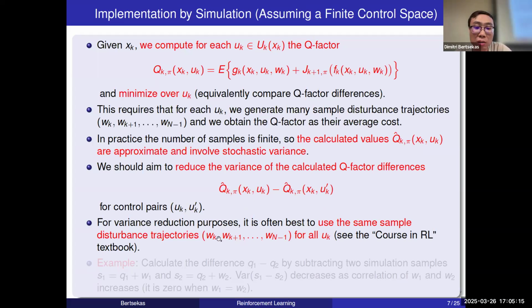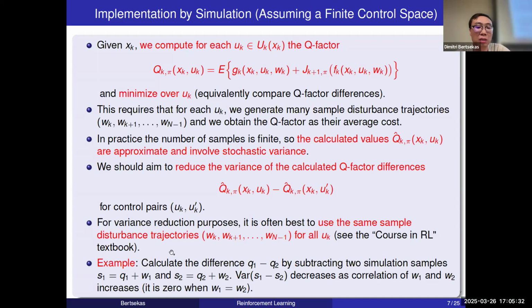Intuitively, this means if the sample trajectories are favorable case, then this favorable case is considered for all UK and UK prime, right? Not for a particular control.